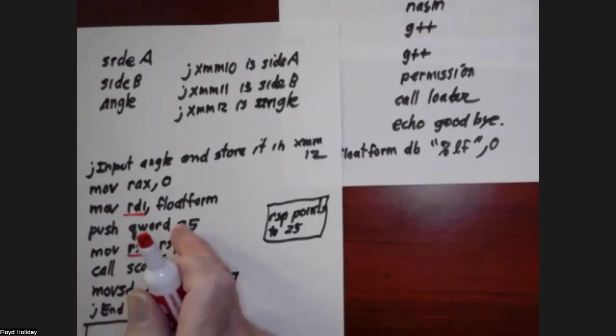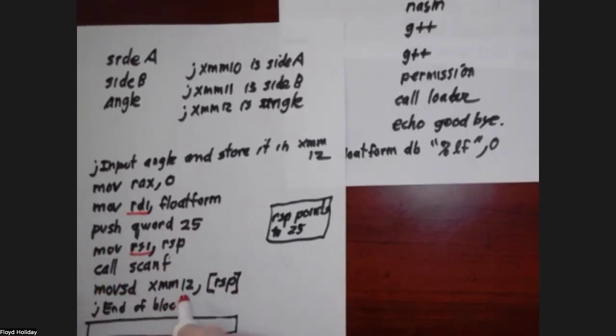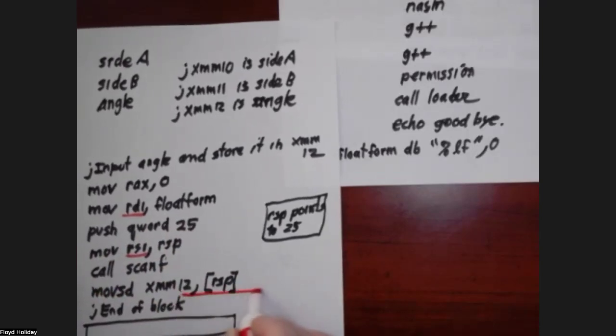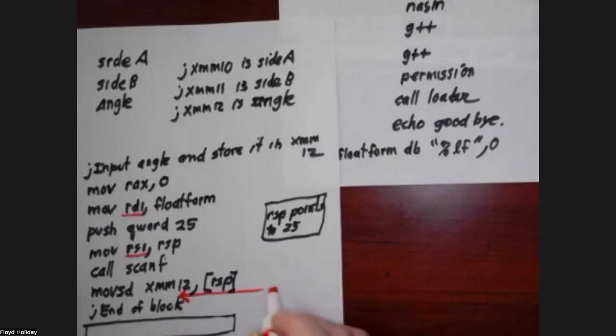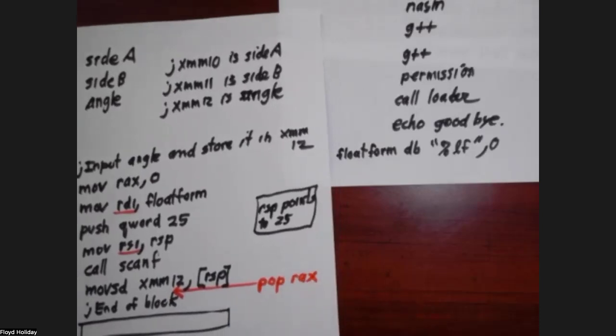That junk number or that float number is still on top of the stack. We got to get it out of there. Then you're at the end of the block because we've restored the stack back to the state it was when this block started.